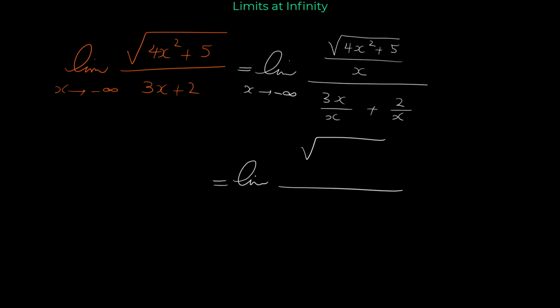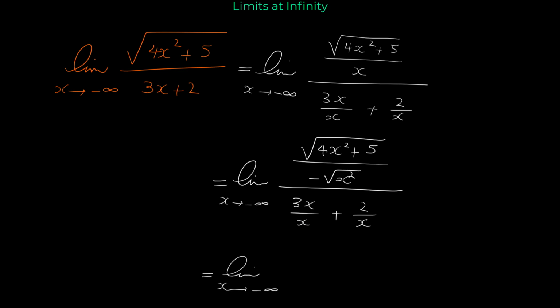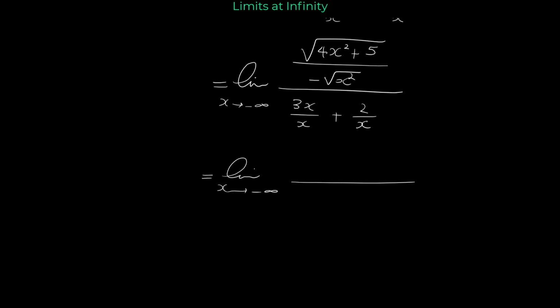Then we have radical 4x to the 2 plus 5 over negative radical x to the 2, all over 3x over x plus 2 over x, as x approaches negative infinity. Now if we simplify the denominator, we have 3 plus 2 over x, and in the numerator, don't forget that negative should stay outside of the radical.